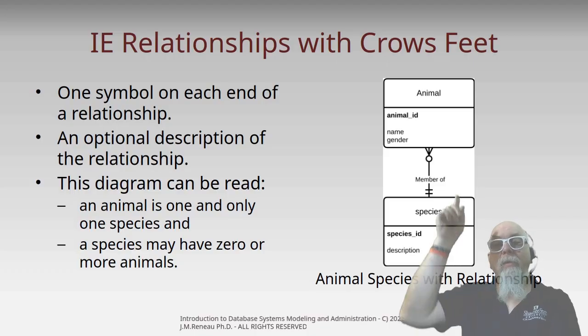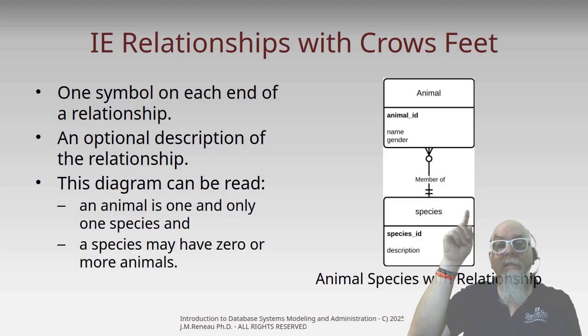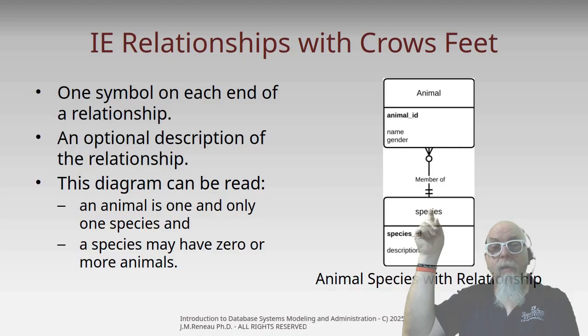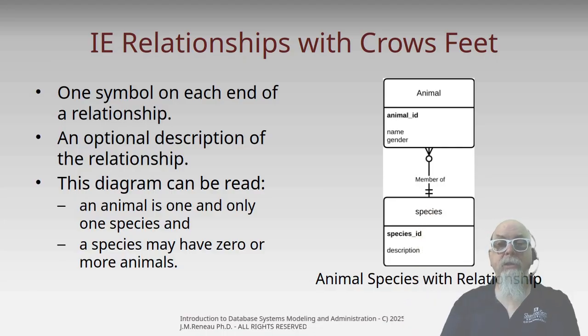And then we have the relationship drawn here with this line with the special ends. And I've added a description, member of, so that we can say an animal is a member of a species, and a species has members of animals, of a specific animal.